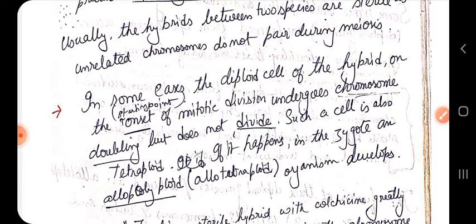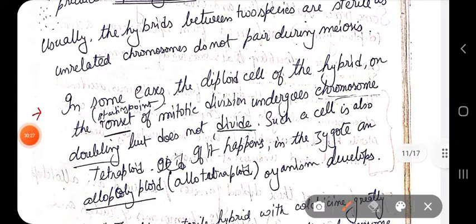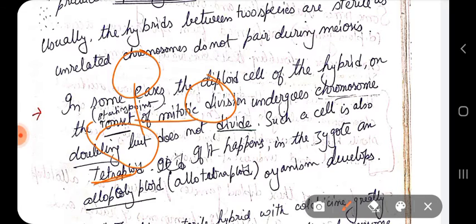Now if that hybrid cell, during the onset of mitotic division, undergoes chromosome doubling but without cell division, such a condition will be called allotetraploid, or you can say allopolyploid-like, because we have fused them to form a hybrid cell.